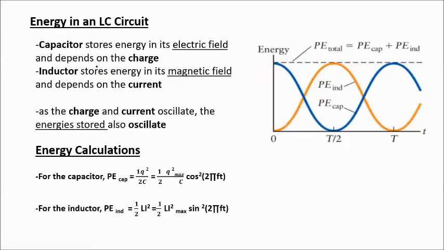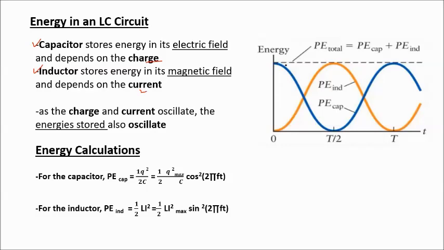So, energy of an LC circuit. So, remember na yung circuit elements dito are capacitor and inductor, where capacitor stores energy in its electric field and depends on charge. While ang inductor naman stores energy in its magnetic field and depends on current. So, yung charge and current oscillate and the energy stored also oscillate.